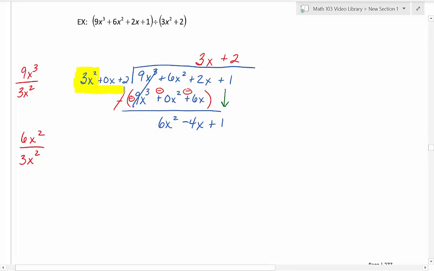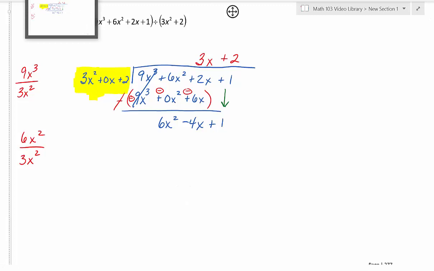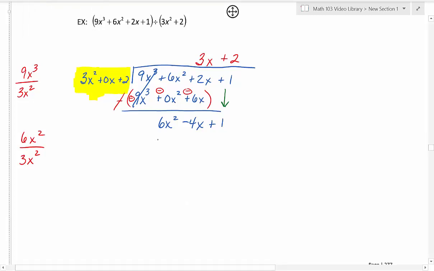Now we're going to multiply that positive 2 by our entire divisor. 2 times 3x squared gives us 6x squared. 2 times 0x is 0, but again, I want it to continue to serve as a placeholder, so I'm going to write plus 0x, and 2 times 2 is positive 4.